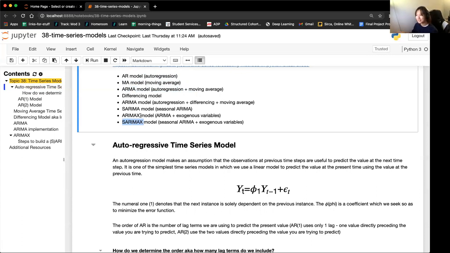If there's an X component, that just means that you can include exogenous variables, which is all the other variables. But anything without an X, which is what we're going to start with, you just have the one column. Like you were saying, you have your date column, and then whatever values you're trying to predict in the future, whatever you're trying to forecast.